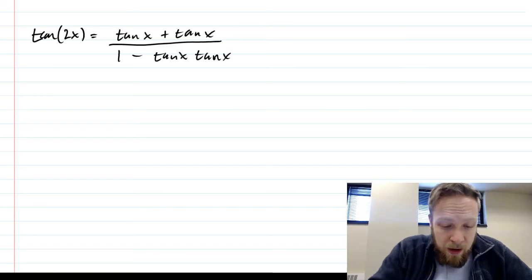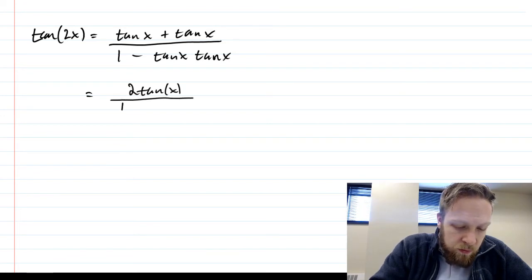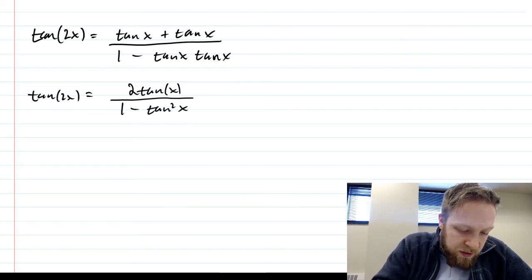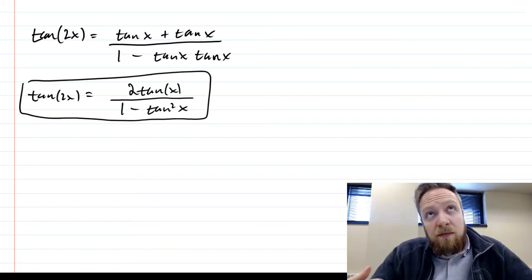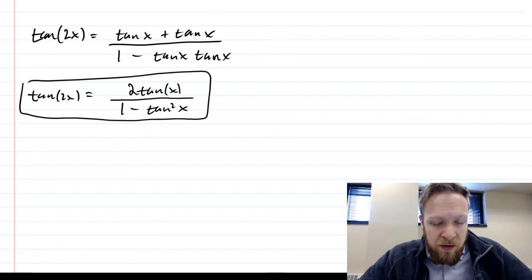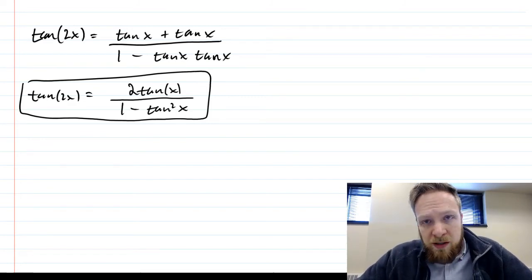So that simplifies actually to be 2 tangent of x all over 1 minus tan squared of x. So as you can see, if you know the trick and you know the angle addition formulas, it's not hard to derive them and find them every time, but it might save you some time if you just have them memorized, and then later on it'll be easier to recognize.